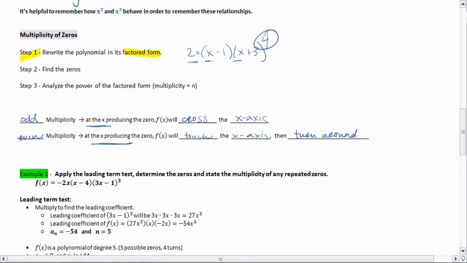So for crossing the x-axis, we know what that looks like. You might just have a cross like this, right? You might have a 0 right there with a multiplicity of 1, for example. And then if we had a multiplicity of 2, maybe we would just hit at that point and bounce back off.